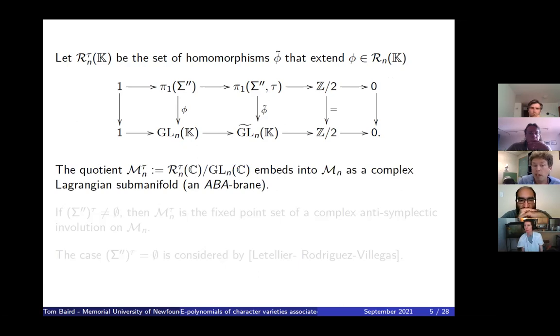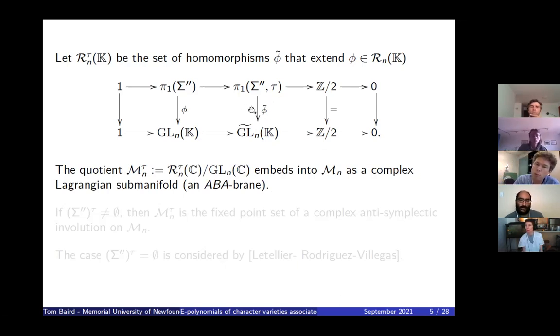And then in the case when k is the complex numbers, I want to consider also this character variety, which is just the orbit space, or the GIT quotient, of the representation variety by the conjugation action of GL_n on this larger group in this case. Okay, so this quotient is a complex variety. And there's a natural forgetful map.